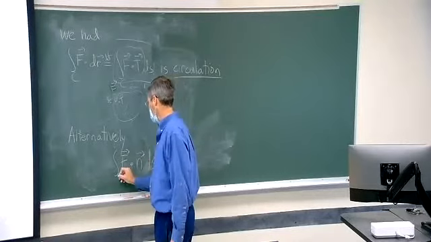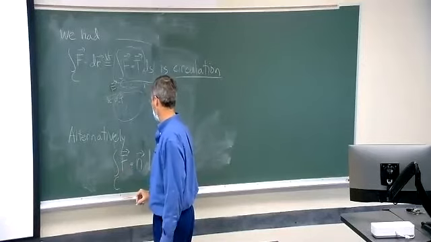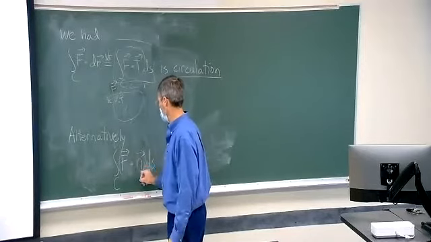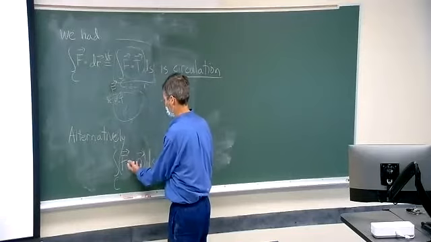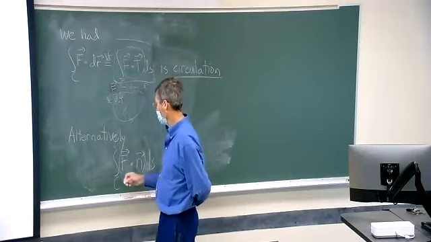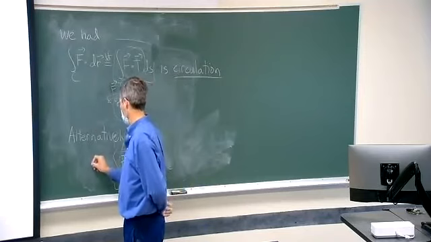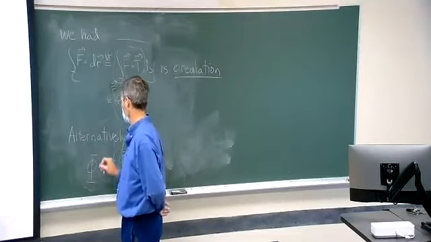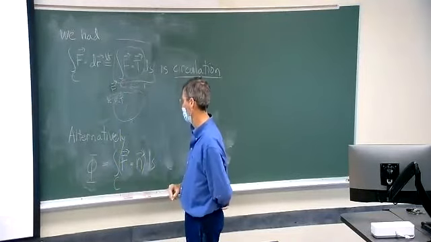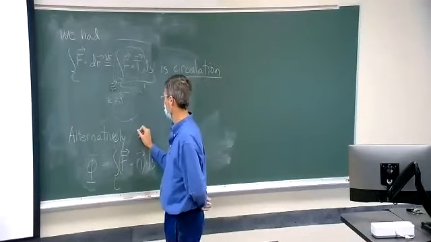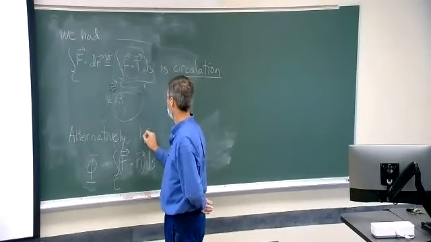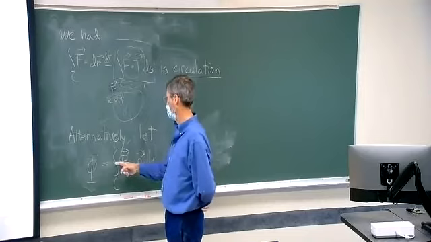Suppose I did this line integral along the curve. This is the scalar line integral, since I'm taking a dot product and have a scalar function. And I call this one not the integral of F dot dr. Let's call it phi. Whatever this line integral is, we'll just define it that way.